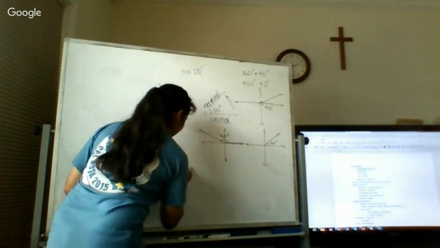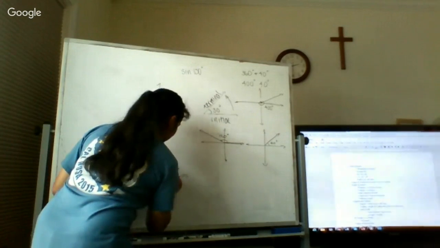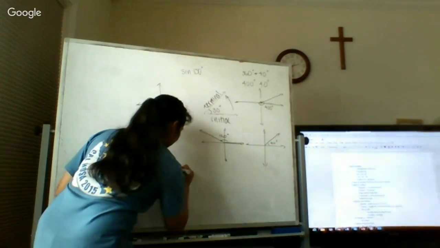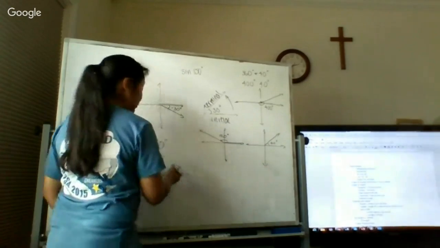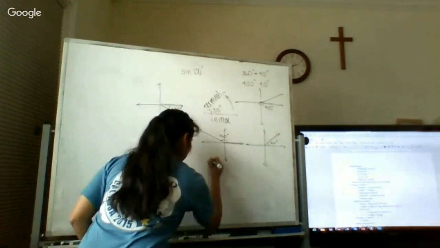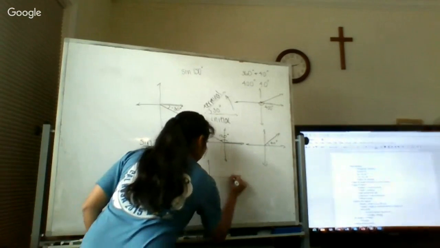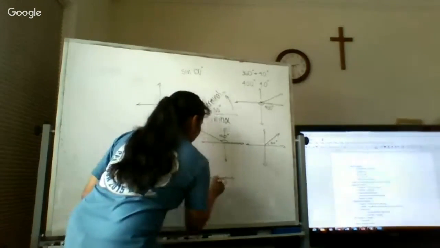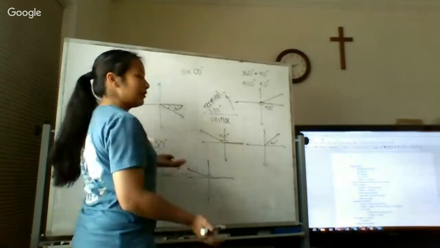This would be 30 degrees. And then you can use this imaginary little triangle to find sine. But if I say 150 degrees, and it looks like this, with one here and one here, and you have this angle, then what triangle are you going to use?